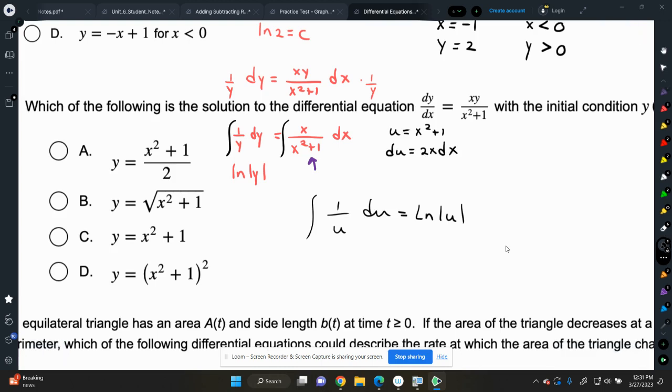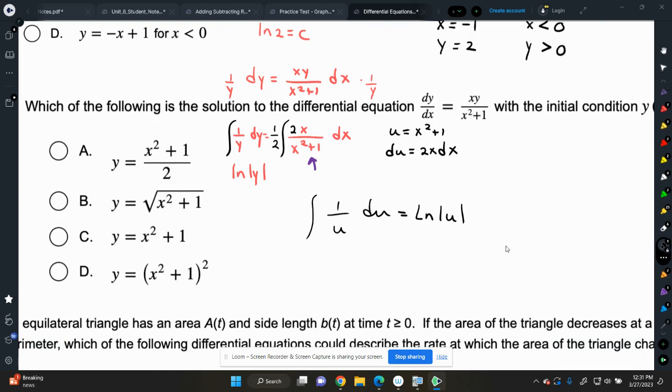Well, I have an x dx. I'm going to put a 2 there. But remember, you can't just randomly put a 2 there, right? So if I put a 2 inside, in order to balance it, I have to put a 1/2 outside.